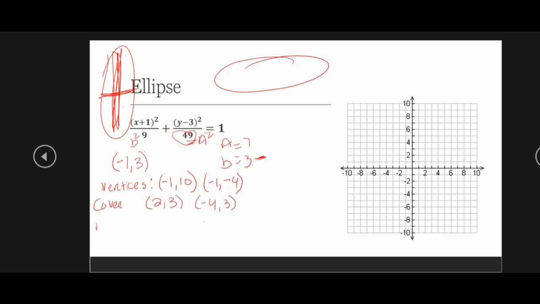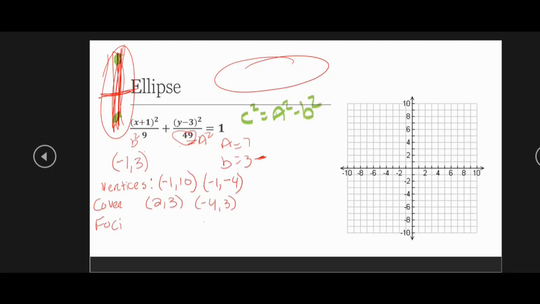Then we can get the foci. Again, the foci are going to be on that major axis. When it's on the major axis, this is what the foci will look like. It'll be right up top there and bottom there, close to the endpoints of the major axis. And therefore, it's going to affect the y value. The focus for an ellipse is c squared equals a squared minus b squared.